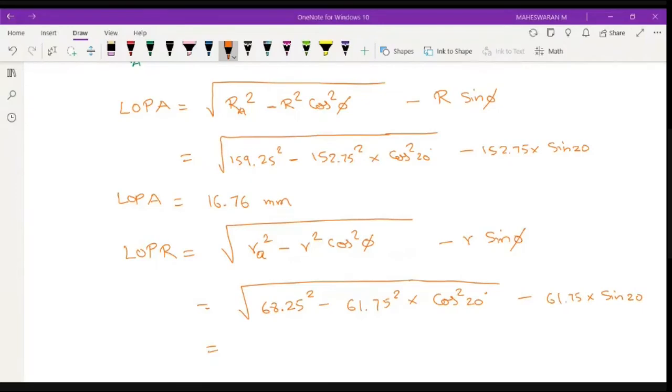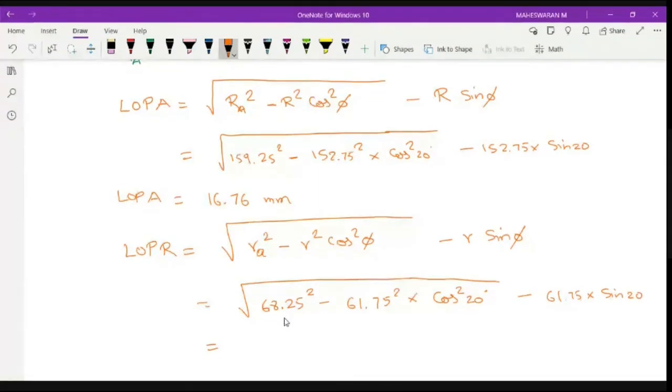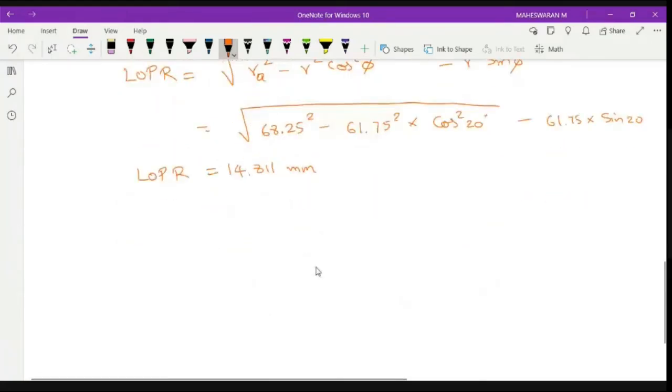14.811, sir. Okay, very good. So it is 14.811 mm. So it is the length of path of recess, right? So next we'll identify the length of path of contact.